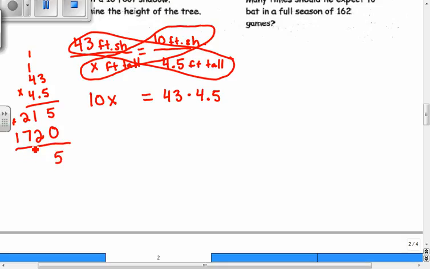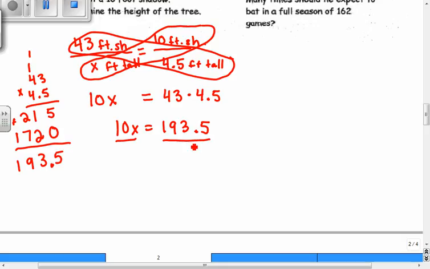So we add here. We have 1 plus 2 is 3. 2 plus 7 is 9. 1 here. Okay, how many decimal places do we have? We have 1. So it's 193.5. So 10x is going to equal 193.5. 10x is really 10 times x.